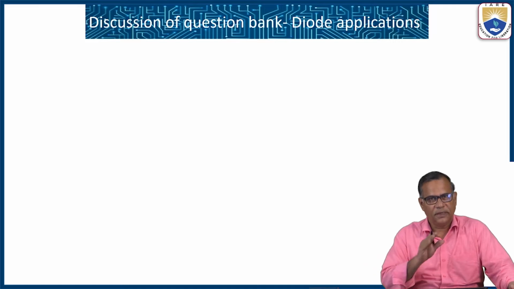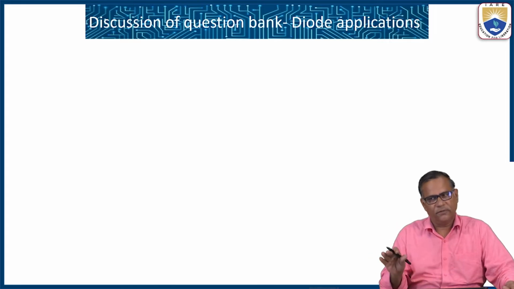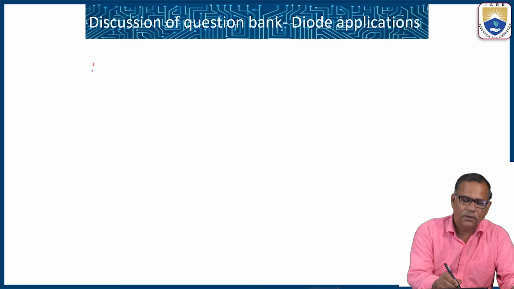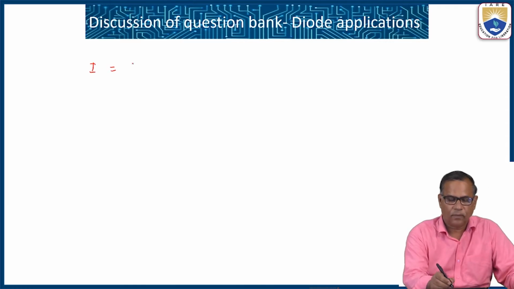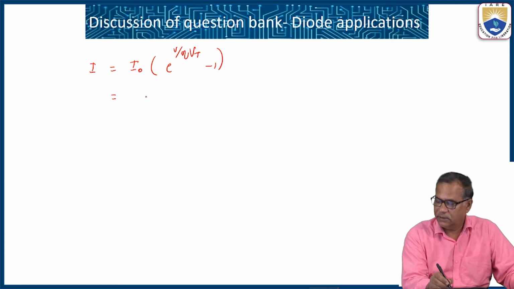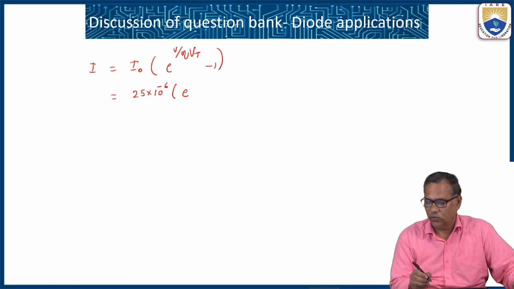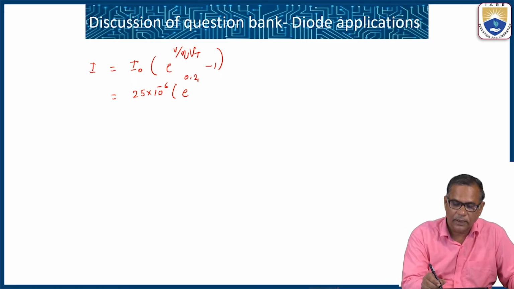So I will use this value in the diode equation, which says I0 into e power v by eta Vt minus 1 is equal to I. So I is equal to I0 into e power v by eta Vt minus 1, and I0 is 25 microamperes, so 25 into 10 power minus 6, and v is 0.2 volts, and eta is 1 for germanium, so 1 into 26 millivolts, minus 1.